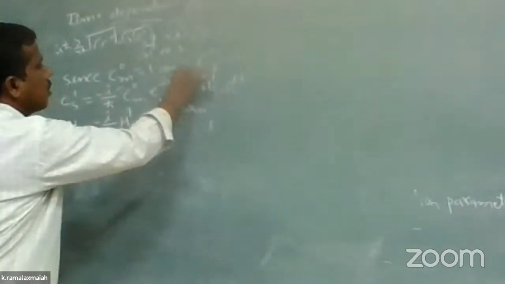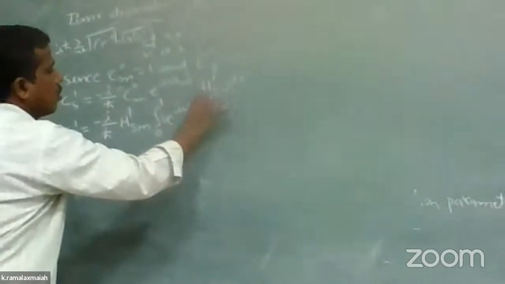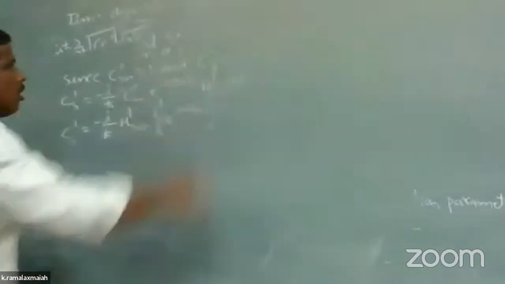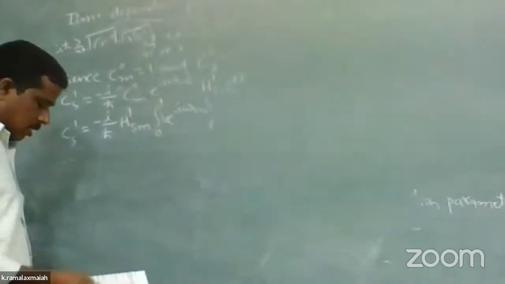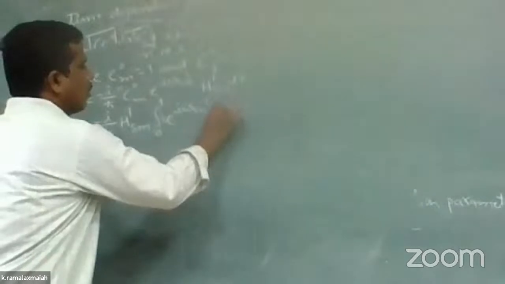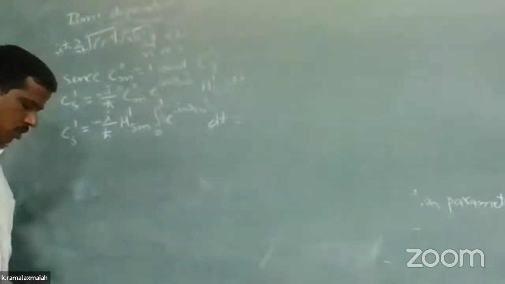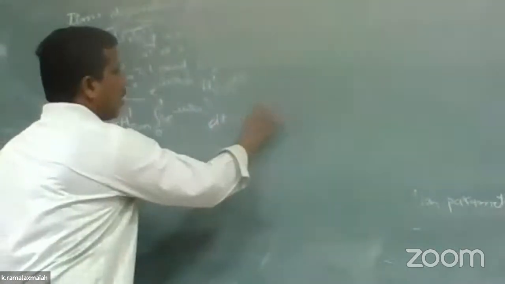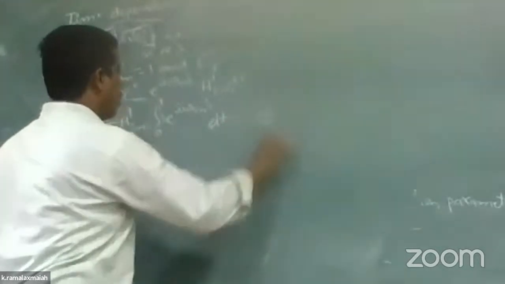We multiply this. So this is j. So any t values you have converted to j. So the integral of j dt is equal to minus i/ħ H'_sm.